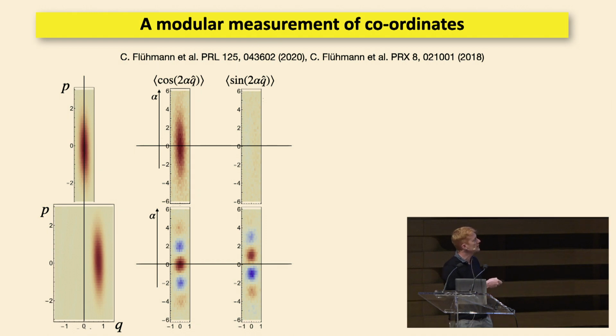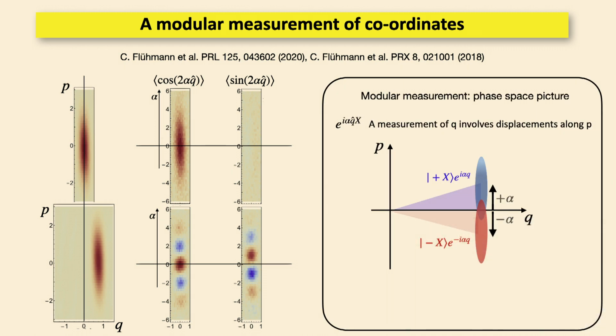Now, why do these signals not just oscillate? Well, that's because of an effect which is due to entanglement between the spin and the oscillator. While we're making these measurements, we're also acting on the position, or on the momentum, actually, of the atom. So this operator here can also be seen as a displacement or a drive along the momentum axis.